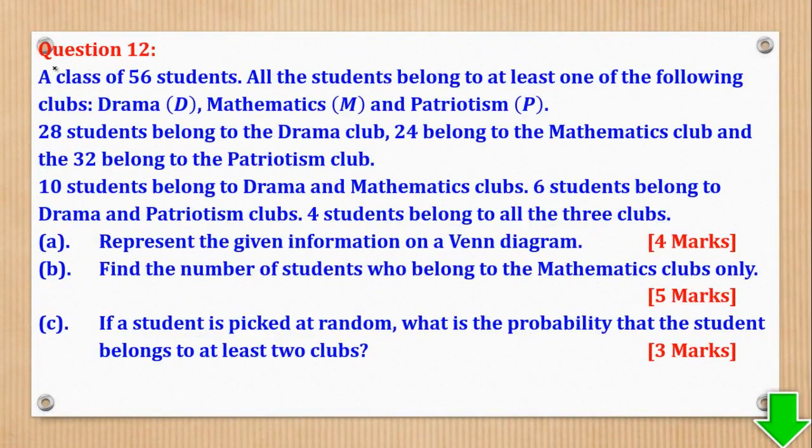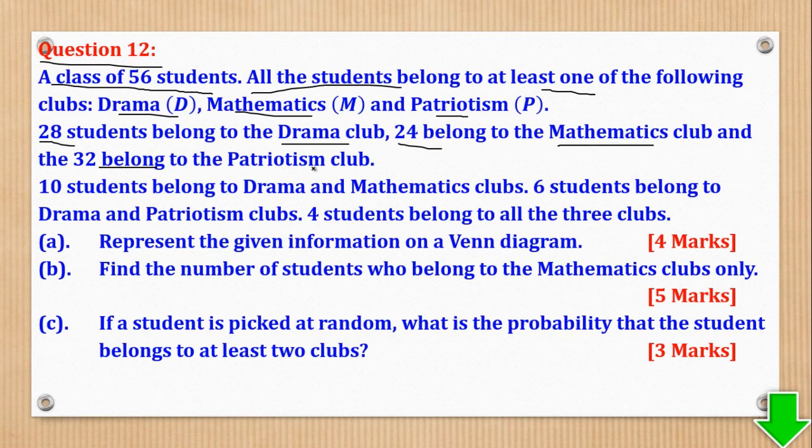So that was question 11. Now we shall go to question 12. Question 12 says, a class of 56 students, all students belong to at least one of the following clubs: drama, mathematics, and patriotism. 28 students belong to drama club. 24 belong to mathematics club.